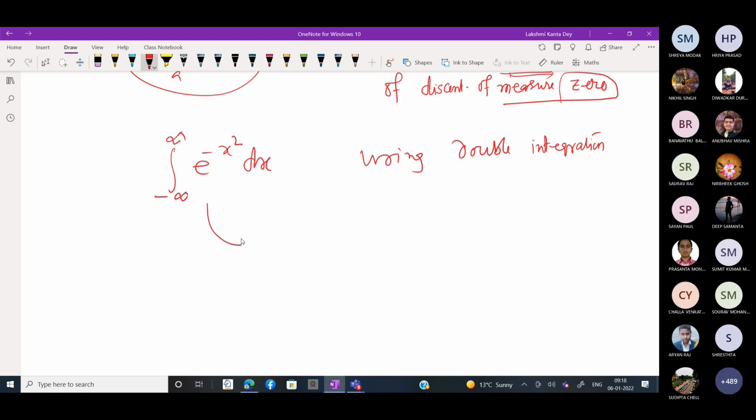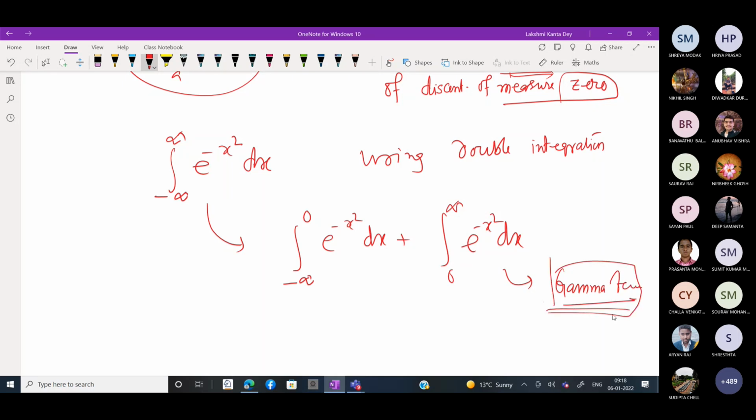And one student asked whether he or she can do it using basically the gamma function. Yes, you can do it, but you have to use one gamma function property.